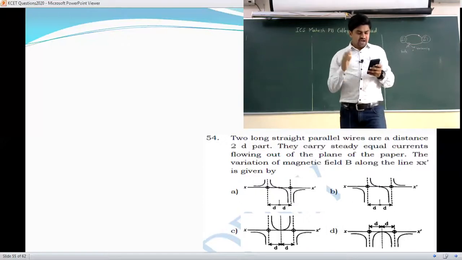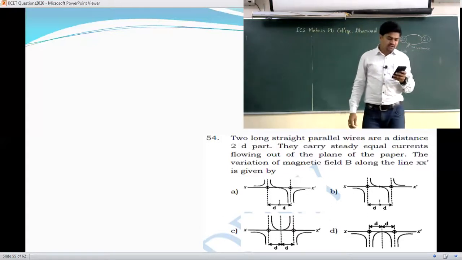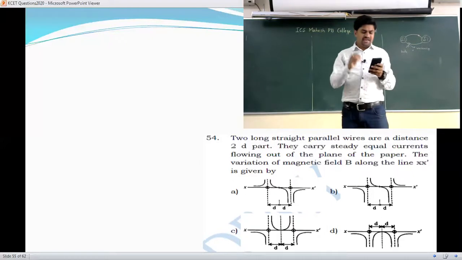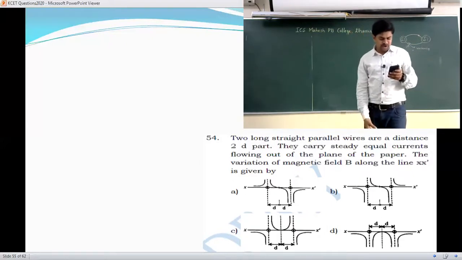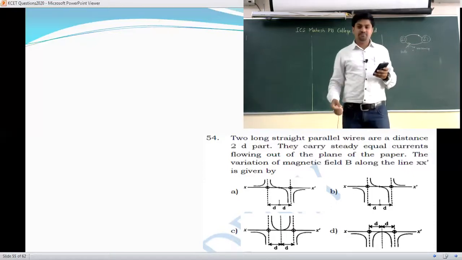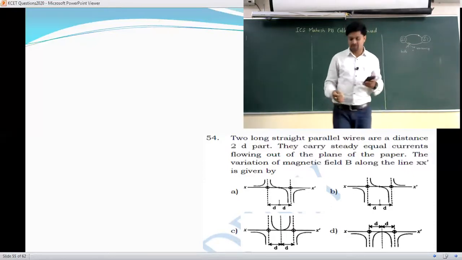They carry steady equal currents flowing out of the plane of the paper. The variation of magnetic field B along the line x dash. Here you need to find out which graph is suitable.